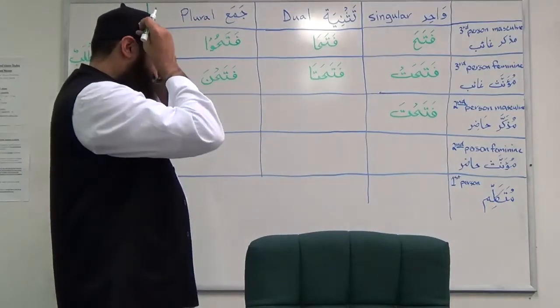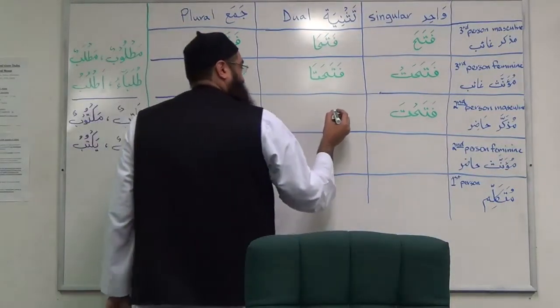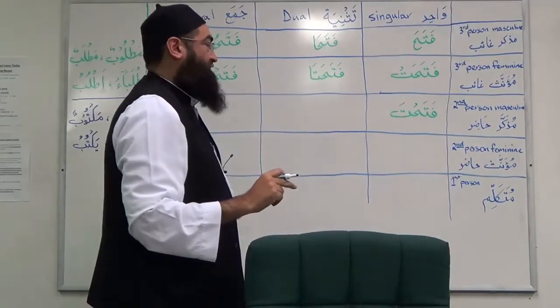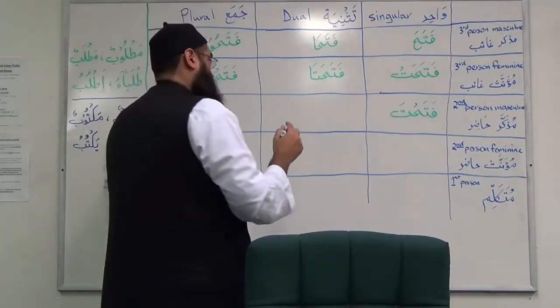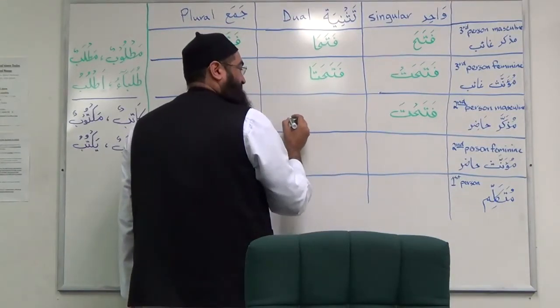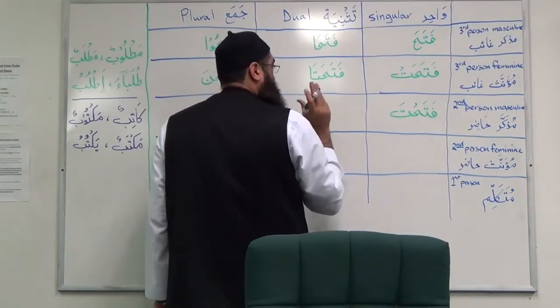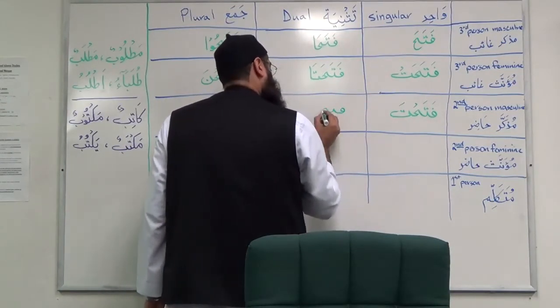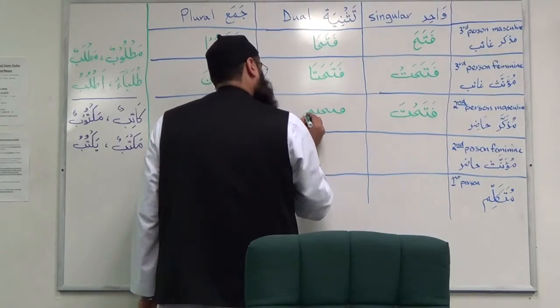All right. And then, what do we add for the dual masculine? Ta and a what? Ma. Tuma, right? So we can say tuma. We're going to add a tuma. So fatahtuma.